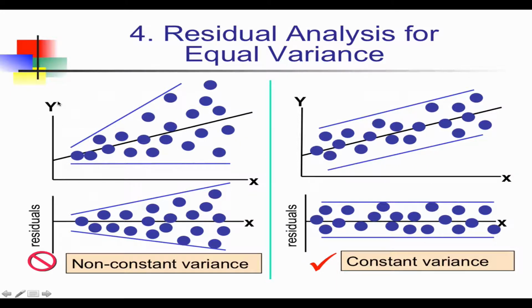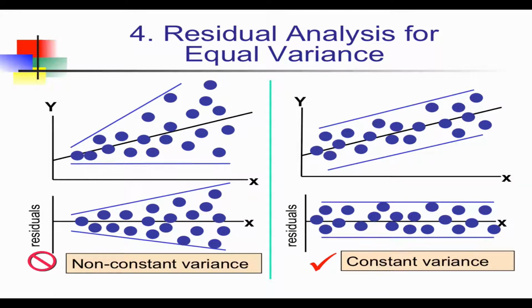So if you have a y versus x scatter plot with this situation, which is more likely Poisson data or count data, this essentially means you cannot use linear regression without any transformation because this violates the equivariance assumption. Only if the spread of y is constant no matter how x changes do you have equivariance.